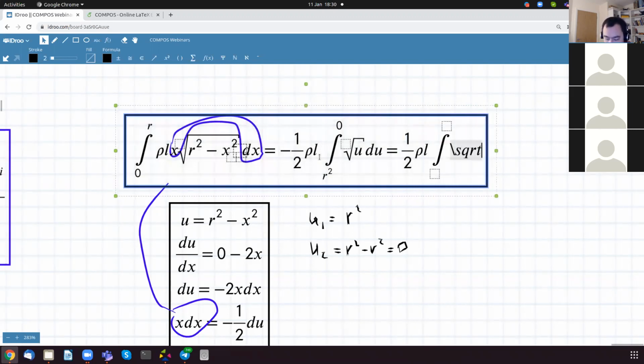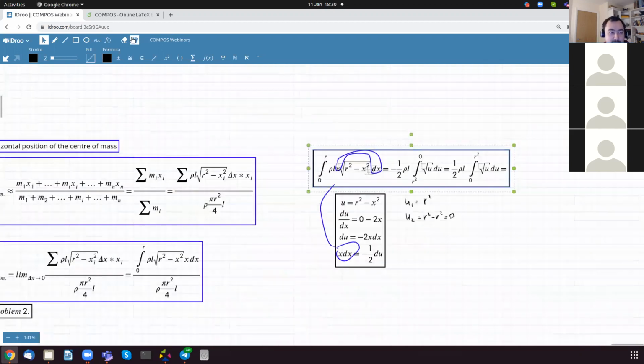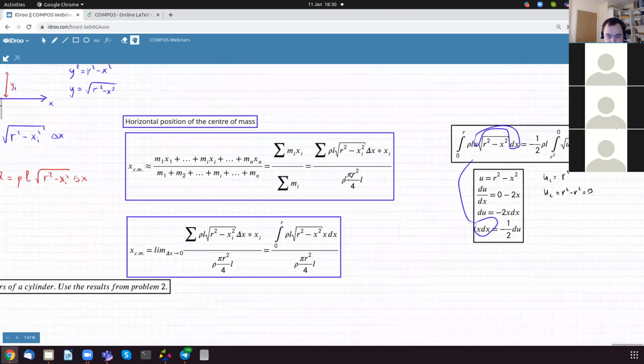Square root u du, and it becomes from 0 to r squared. Okay. Right. I hope I haven't lost you.